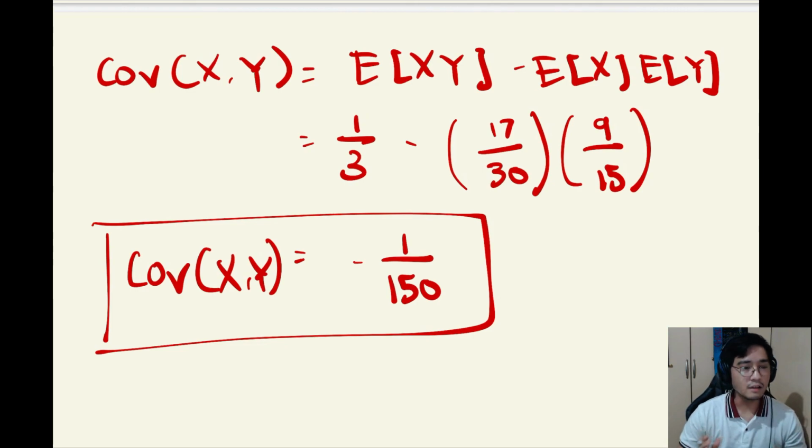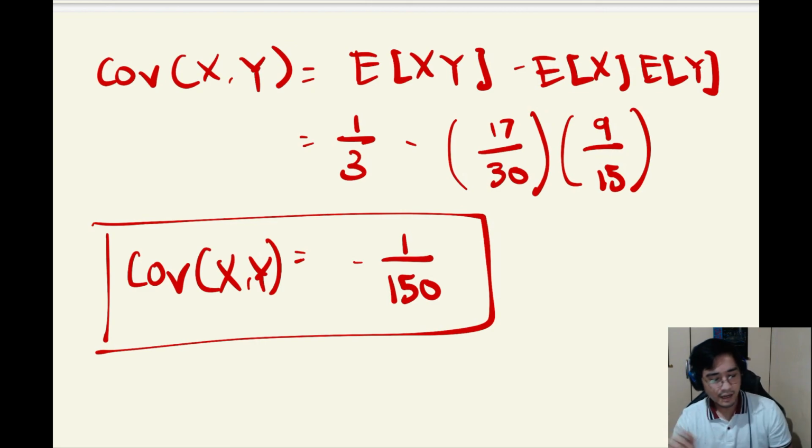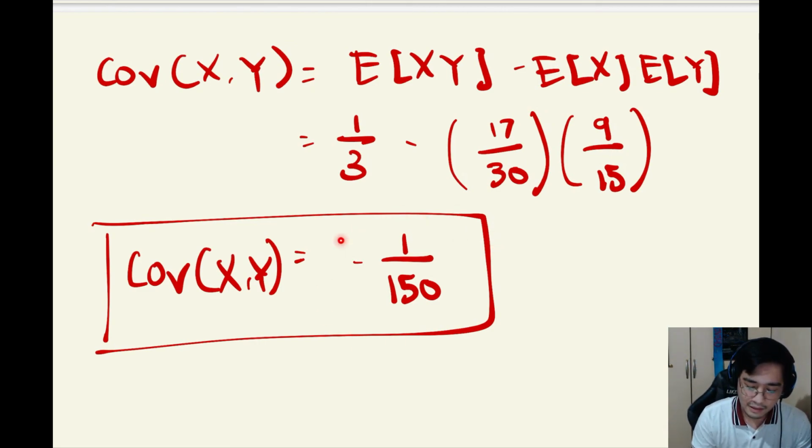The implication of the covariance of x and y being a negative number is that they are negatively related. That means that if x increases, then y most likely decreases. They have a negative relationship, and the magnitude of the covariance is the amount of relationship between the two.